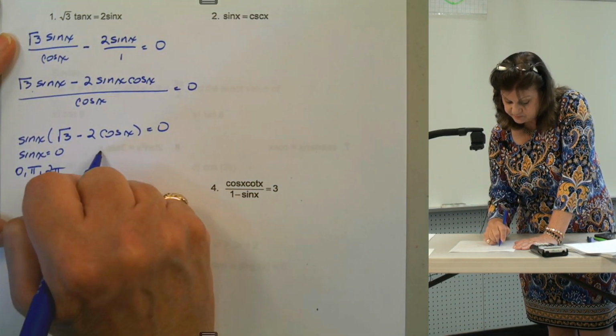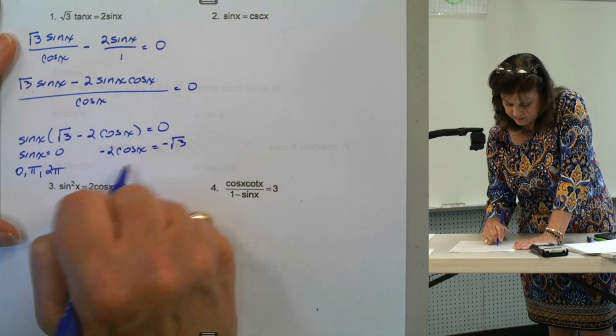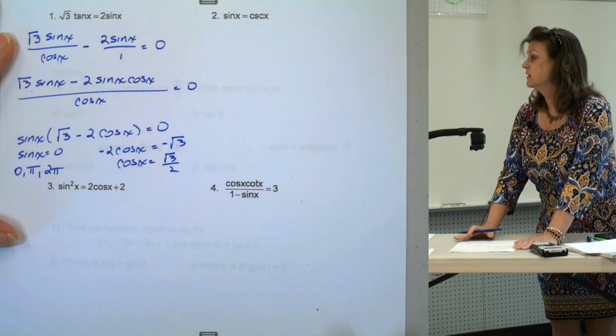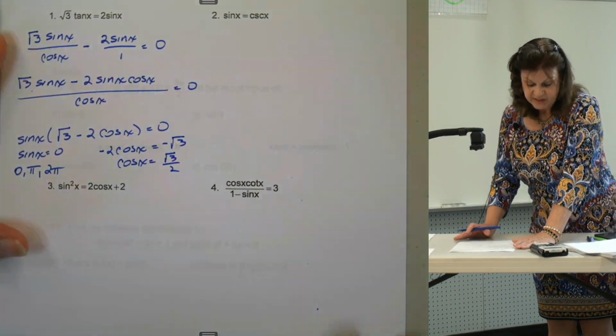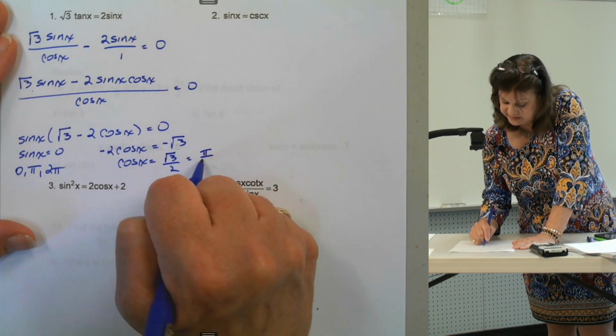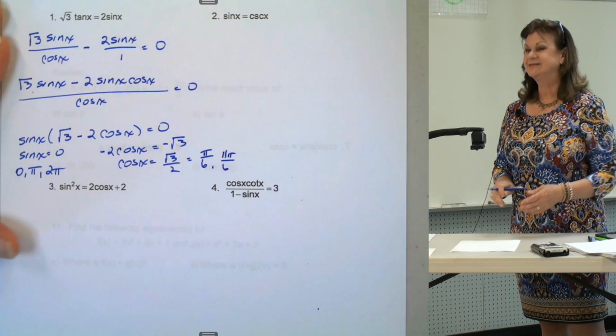And where does the cosine of x equal square root of 3 over 2? That happens, of course, at pi over 6 and 11 pi over 6.